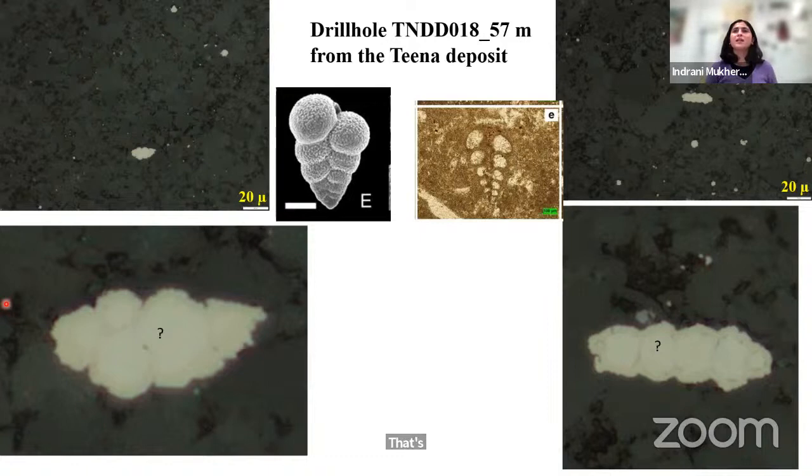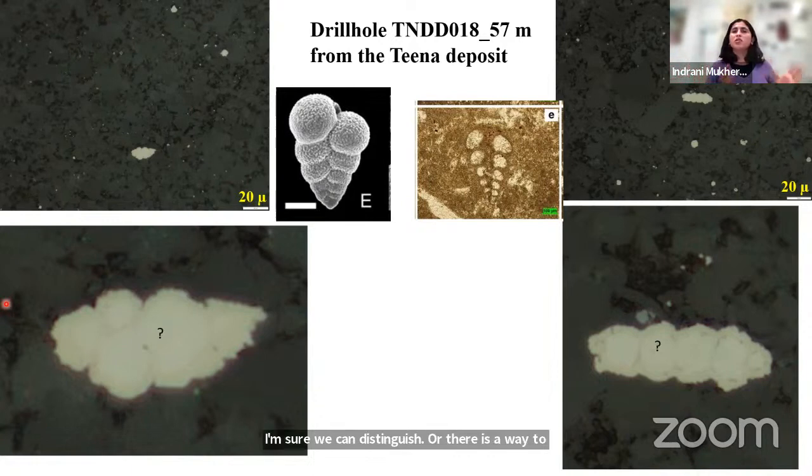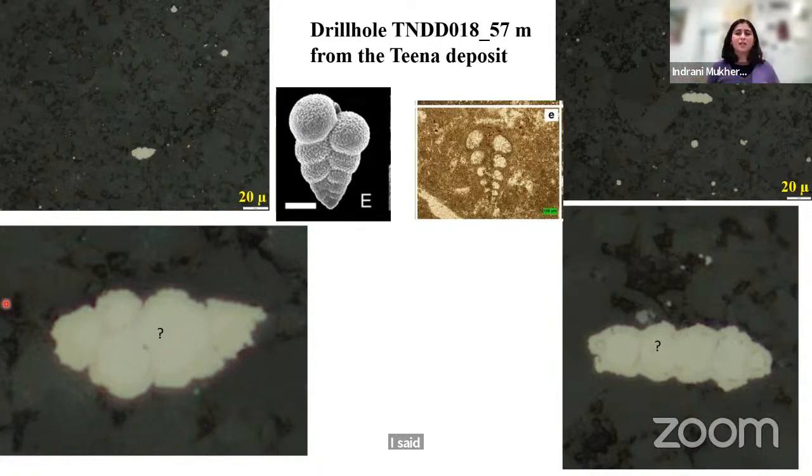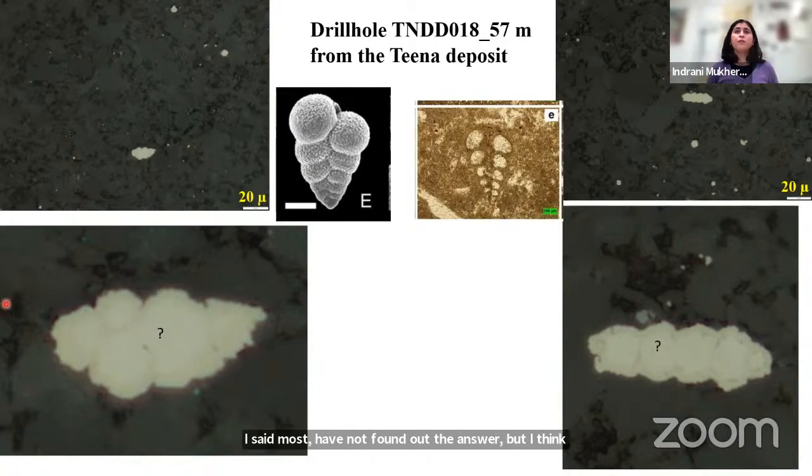I'm sure there is a way to distinguish between biological organization and mineralogical ordering. I most certainly have not found out the answer, but I think there is an answer. But morphology or texture alone is not going to tell us. Composition alone is not going to tell us. So yeah, it's very puzzling.